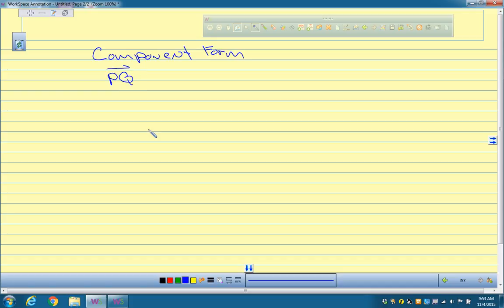This is vector PQ. The way you find component form is you go little q1 minus p1. I'll show you what this means in a minute. Okay, p1, comma, q2 minus p2, which is equal to b1, comma, b2.